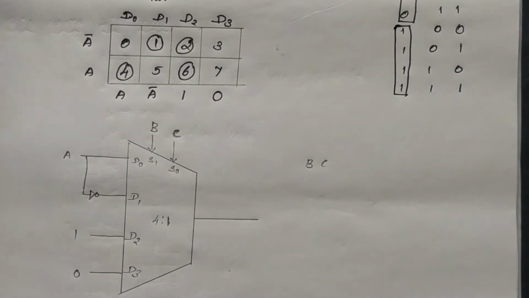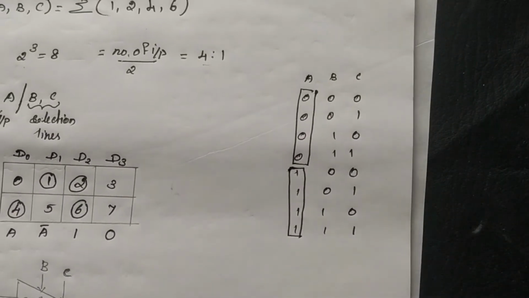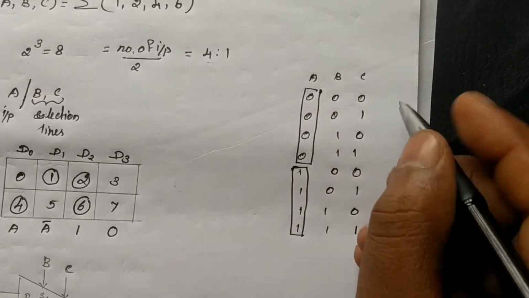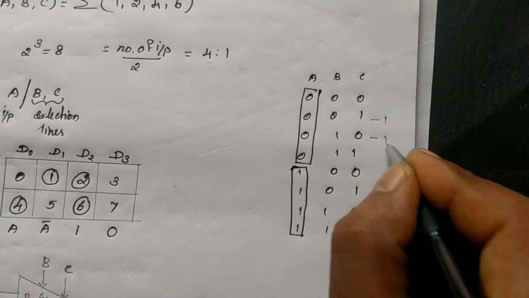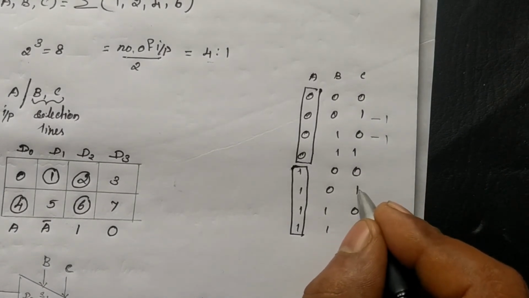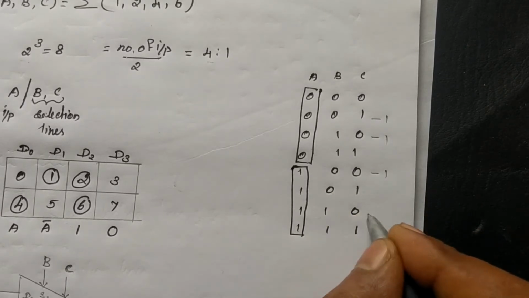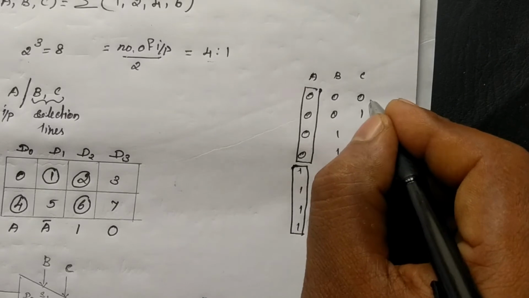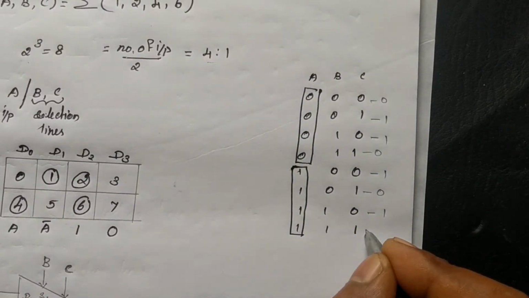Now we will check the conditions. For these inputs we have the values as 1, also 1, 2, then 4, then 6. The remaining values will have the output as 0.